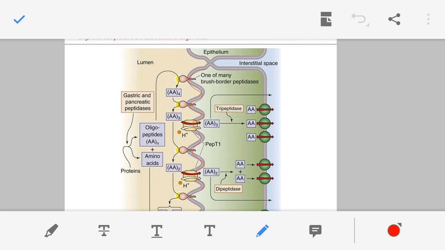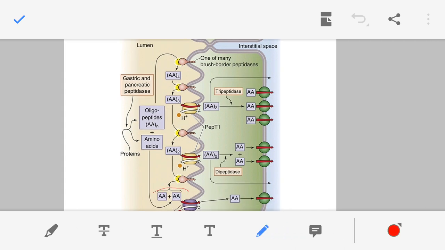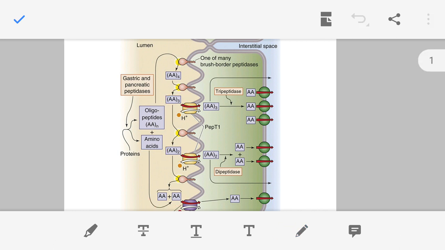This is the brush border. When the digestion of oligopeptides starts, there is a formation of tripeptide, dipeptide, and amino acid. So right now you can see in the lumen there is a tripeptide, a dipeptide, and amino acids.